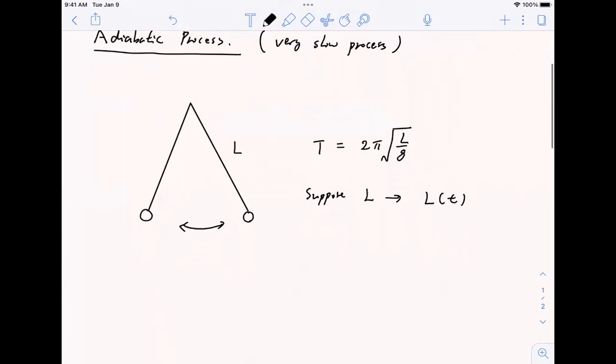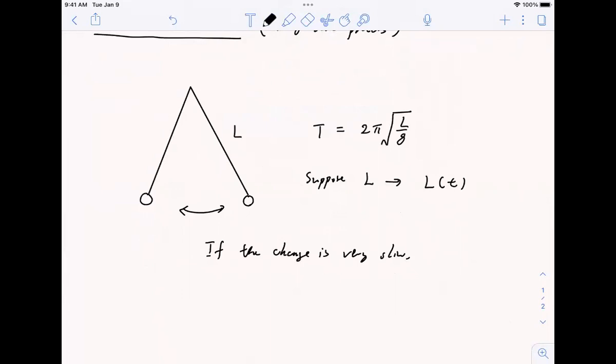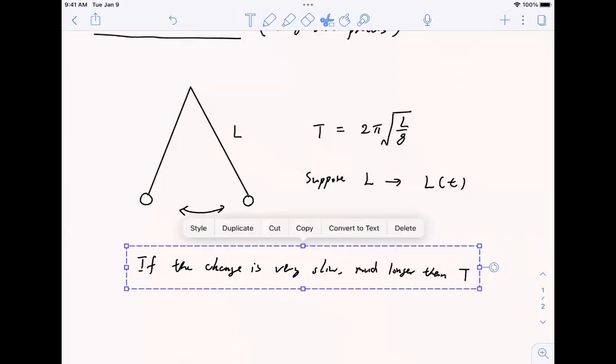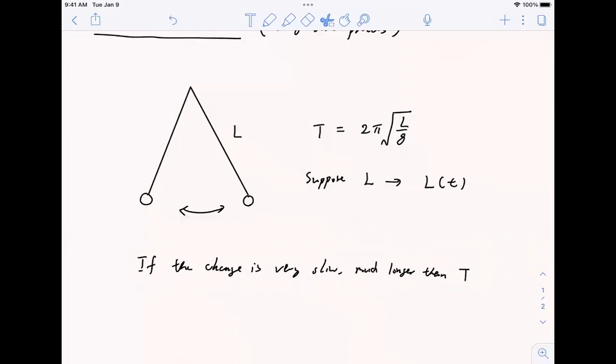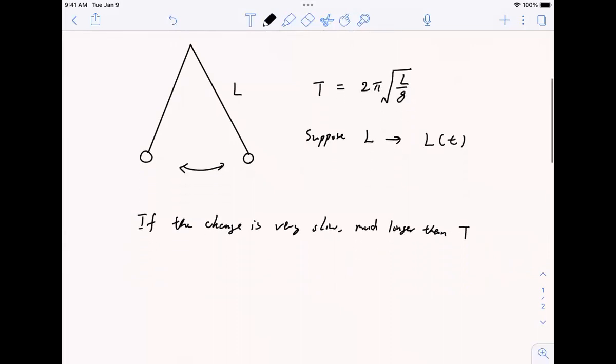If the change is very slow, how slow? Much longer than the period T. You let L change very slowly, and the time scale is much longer than the period of this pendulum.